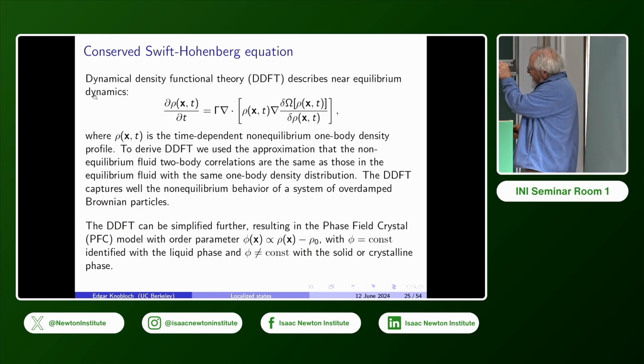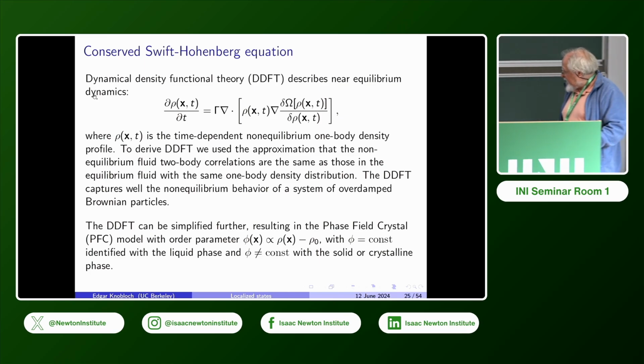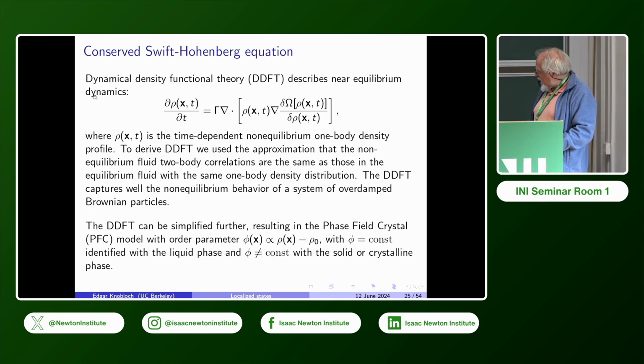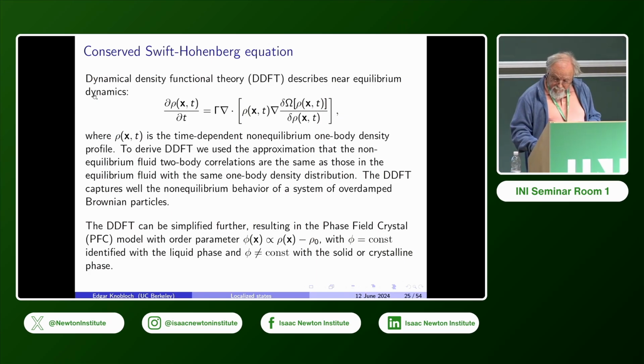But I actually want to simplify this equation just a little bit more by writing an equation for an order parameter phi, which just measures the departure of the density away from the uniform background. So again, phi equals a constant is going to be the homogeneous state, the liquid state, and a periodic phi in space is going to correspond to a crystalline state.